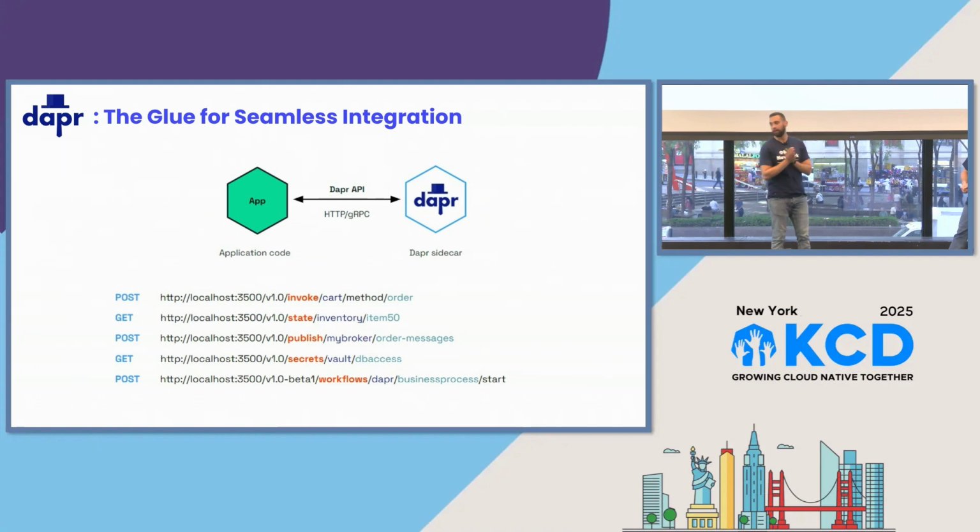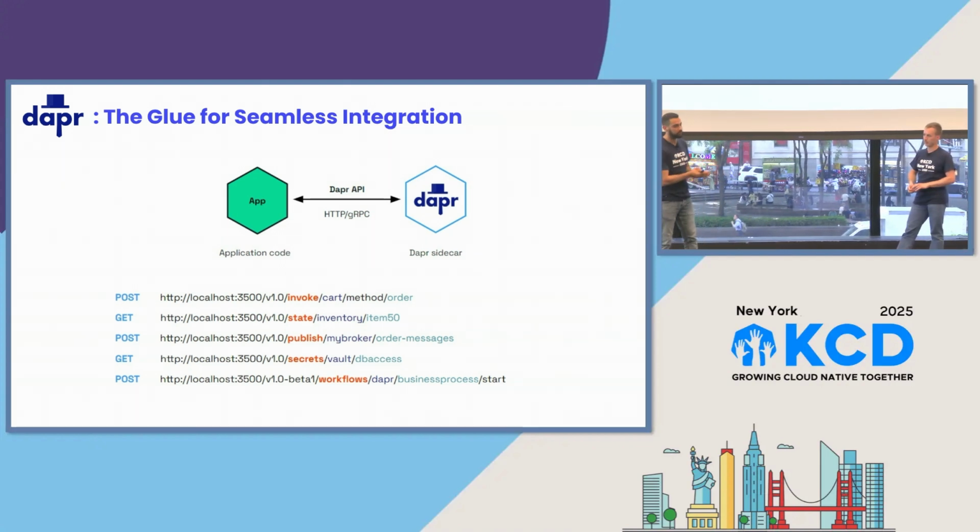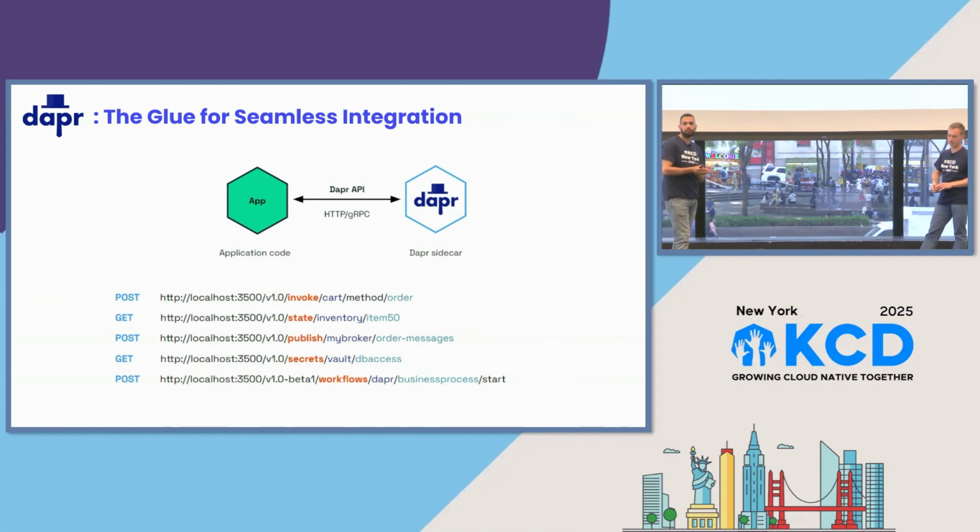So technically, what's happening under the hood? Since we are at the Kubernetes community day, everyone is familiar with the sidecar pattern. Simply, the sidecar pattern is another process. If you're working on Kubernetes, it's another container inside your pod, which has a specific goal related to the processing of your application itself. In Dapr, there is a Dapr sidecar, which exposes a set of APIs for you.